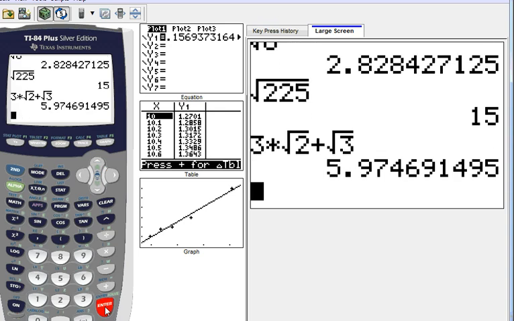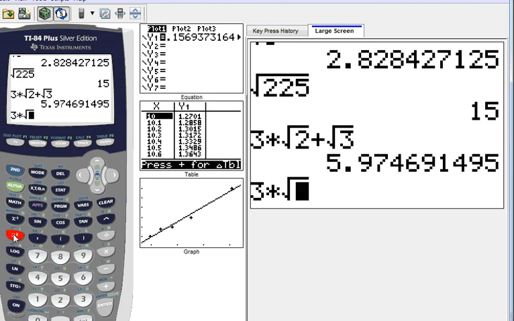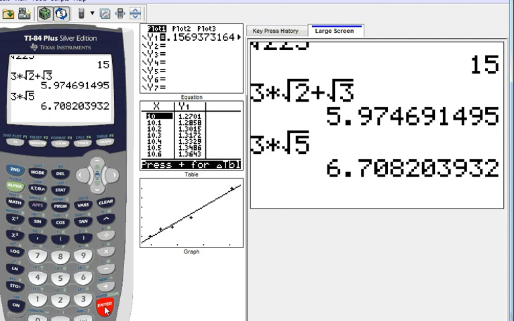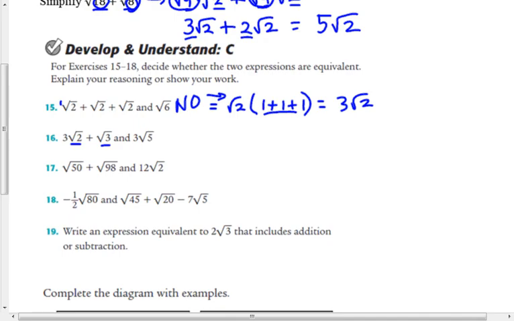And we remember what they did is they combined the 2 plus the 3. So we want to know if that's equal to 3 times the square root of 5. And it is not the same. So we're going to say no. With that one, we checked with our calculator.